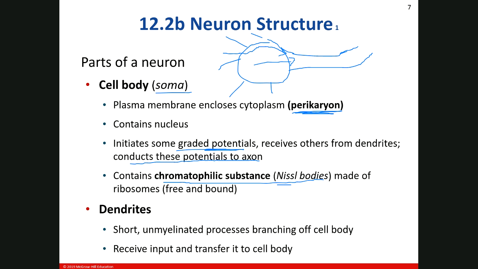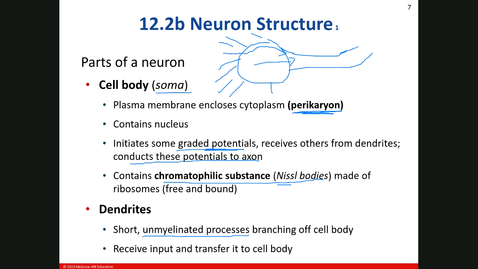Dendrites. This is important that you know this: dendrites are unmyelinated. Myelin is a fatty covering that we find on cells. It does several things. It helps to speed up the action potential. Dendrites are not myelinated. They come off of the cell body. They're smaller, shorter processes that come off the cell body.